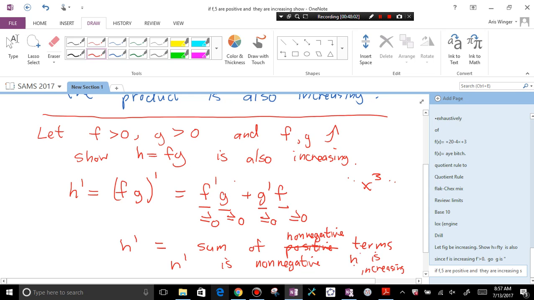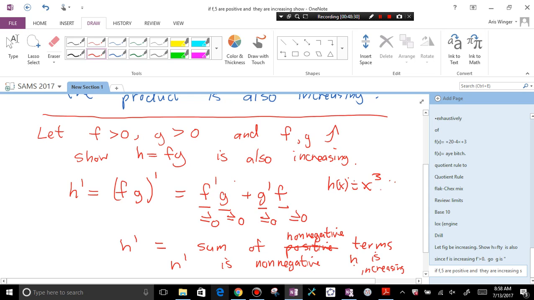Why is it equal to 0 if we said it's greater than 0? Isn't it just greater than 0? It's a great question, and here is the counterexample. H of x is x cubed. X cubed is increasing and has a derivative that is 0 at 0.